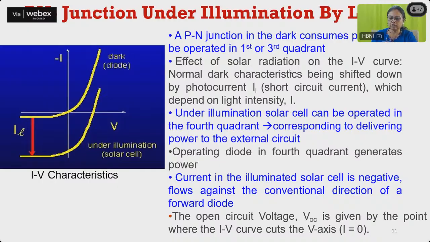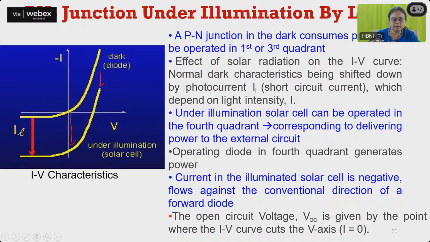The effect of solar radiation on the IV curve is that the normal dark current characteristic is shifted down by the photocurrent IL, which depends on the light intensity. So this curve has shifted here.